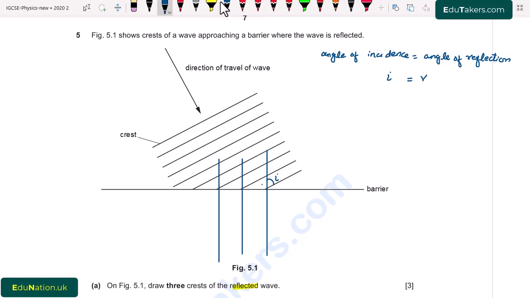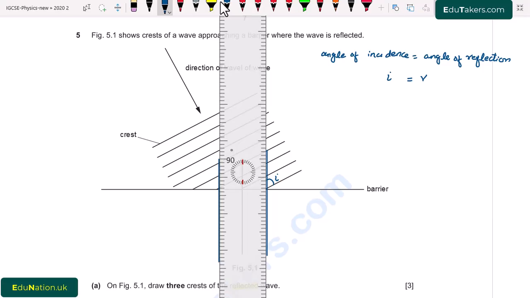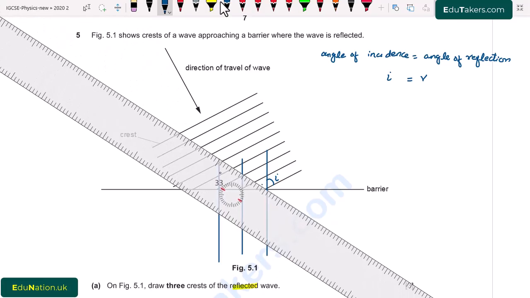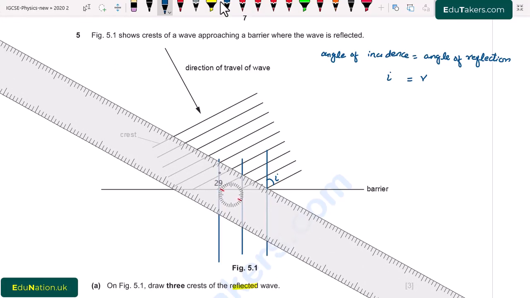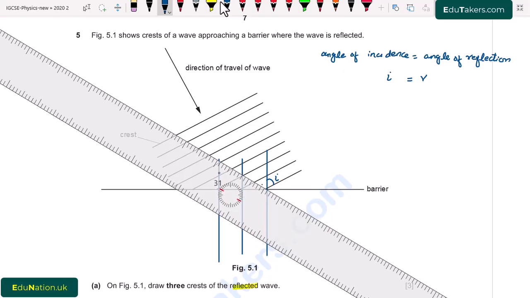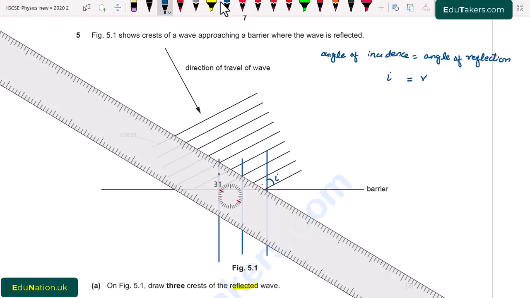So I simply draw a line passing through this point in such a way that the angle of incidence must be equal to the angle of reflection. So again I use the ruler. So I am drawing this line.